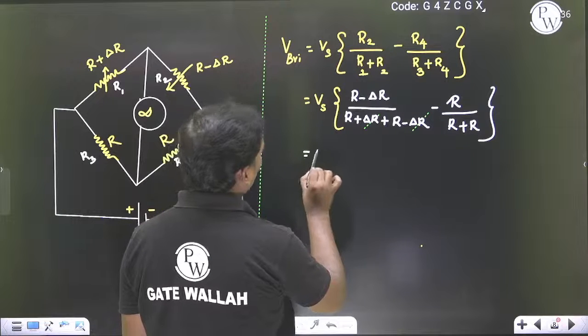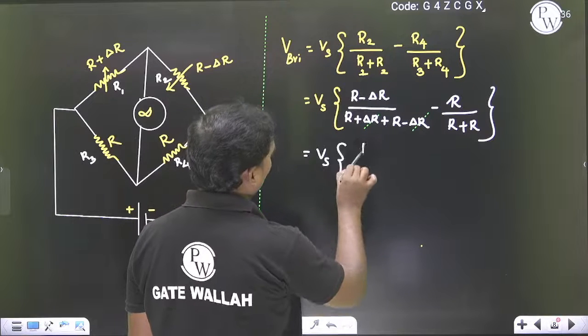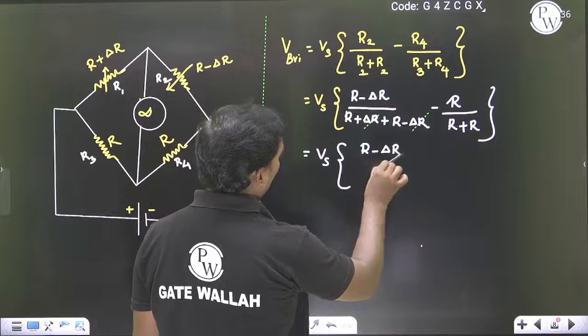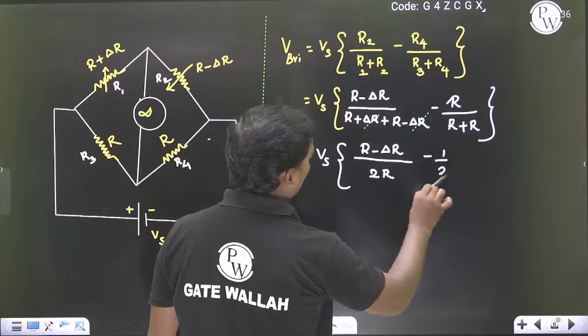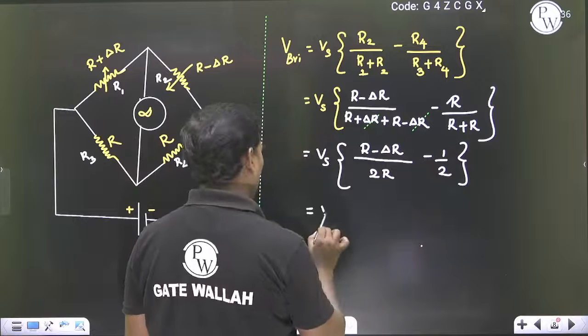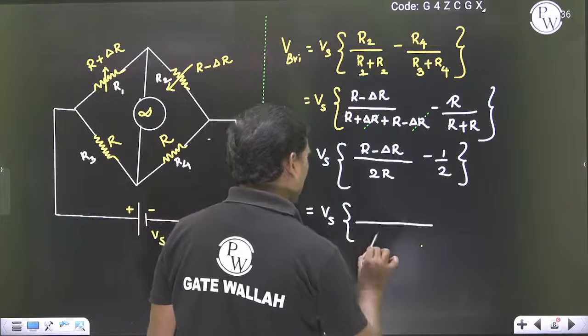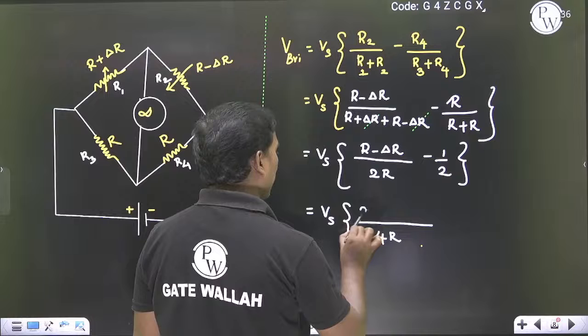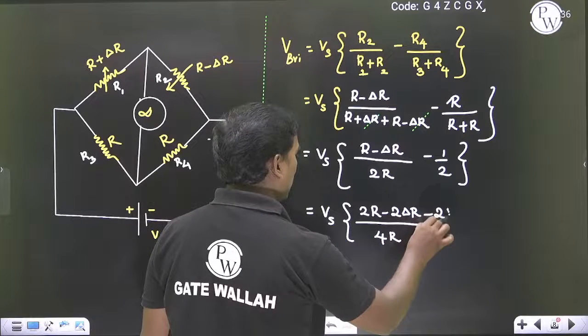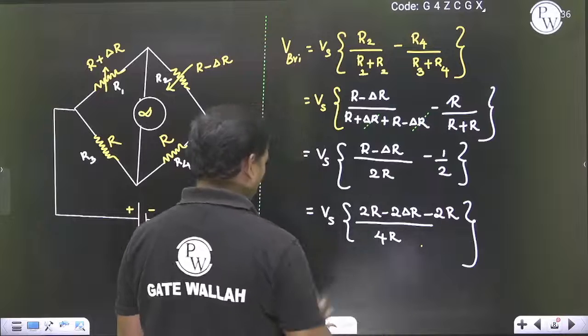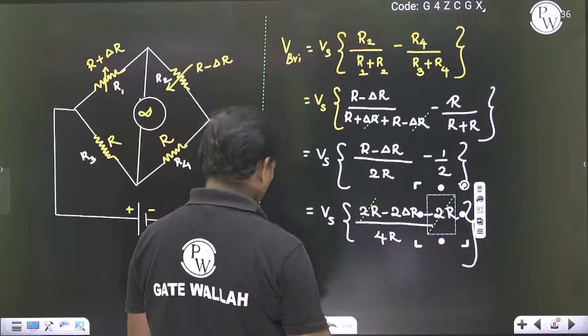So here I can take it as Vs into R minus delta R divided by 2R minus 1 by 2, so Vs into 2R minus 2 delta R minus 2R over 4R. So 2R gets cancelled.